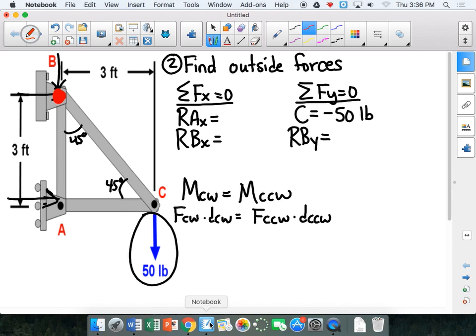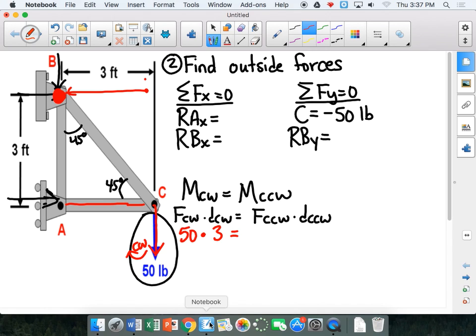So if I pull down at joint C, that's going to make our truss move in the clockwise direction. So that force is 50. The distance back to the pin, even though you don't want to go diagonal, I know our pin is here, but we just think horizontally from joint C back to joint B, it's 3 feet.